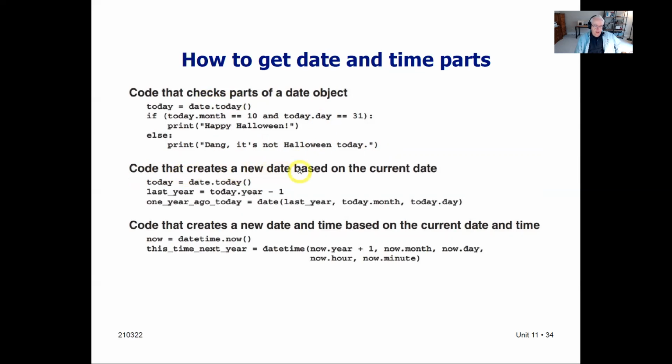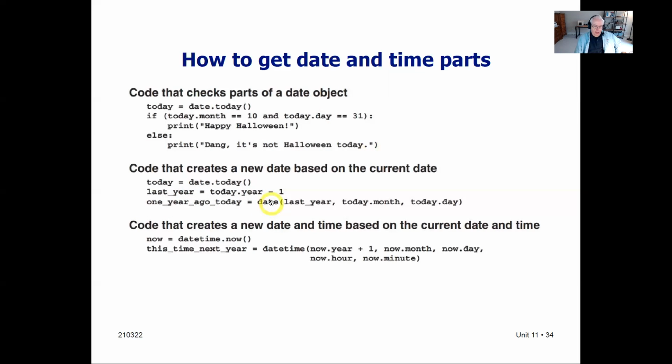Code that creates a new date based on the current date. So we establish the current date here. For last year, we are going to get an integer here, going to the today object, the year attribute, that becomes an integer, minus 1. That means last year is going to be an integer, one year ago today.